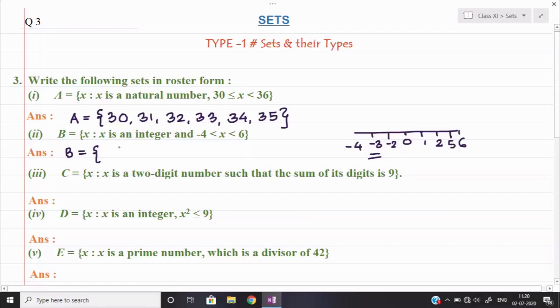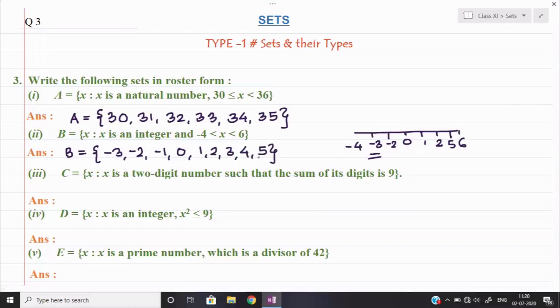So here my answer will be -3, -2. Remember, you have to list out all the elements. -1, 0, 1, then 2, 3, 4, and then the last value will be 5. Right, students? So this question gets over because we have listed out all the elements.